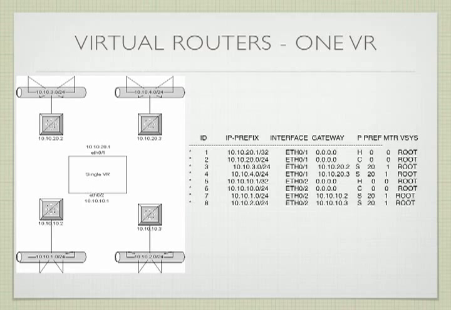So these are from the top of the diagram. We have those two networks, 10.10.3.0/24 and 10.10.4.0/24, that are on the top part of our diagram. They can be reached through the routers at 10.10.22 and 10.10.23, which are connected to Ethernet 0/1.